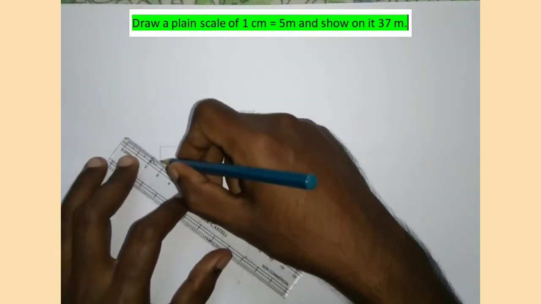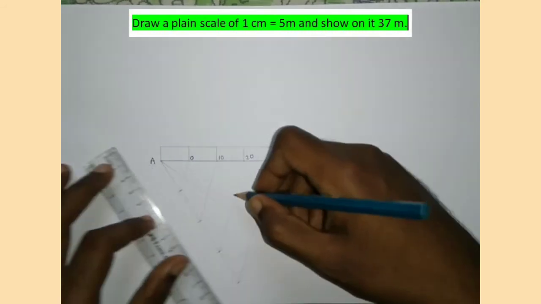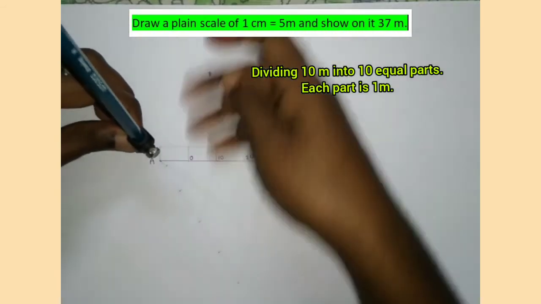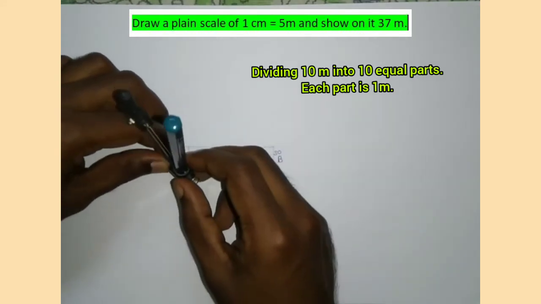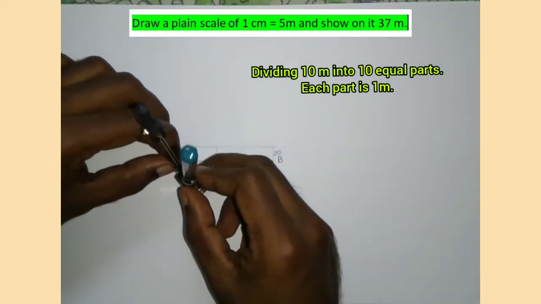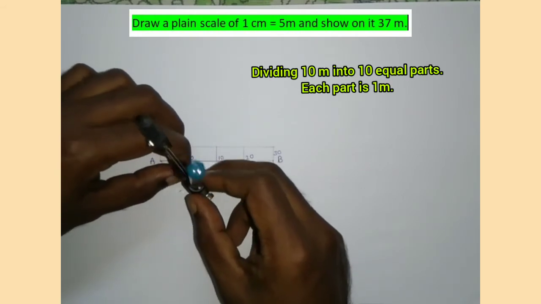Okay, therefore I am drawing an inclined line, and similar to the previous method, I am cutting arcs on the line. We need to divide the line into 10 equal parts, therefore we are cutting 10 arcs.